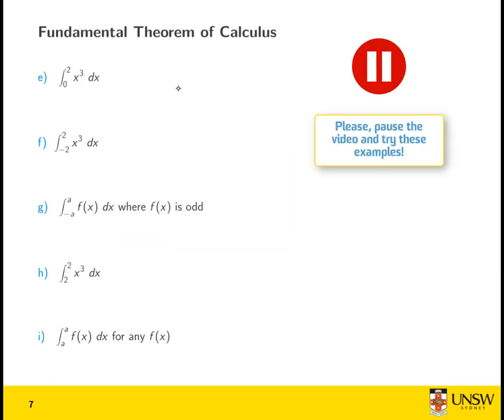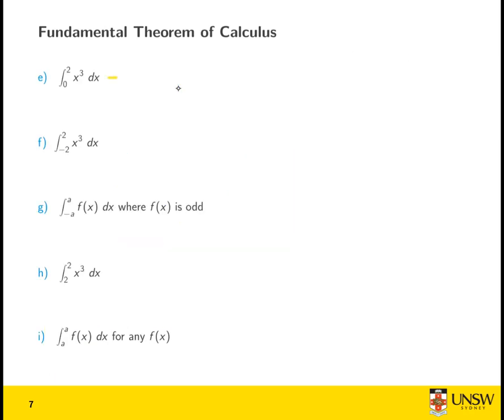Let's do more. If the function is x cubed, one possible antiderivative is x to the 4th on 4 between 0 and 2. If I sub in 2, I get 2 to the 4th on 4. And if I sub in 0, I get 0. So that's 16 on 4, which is 4.